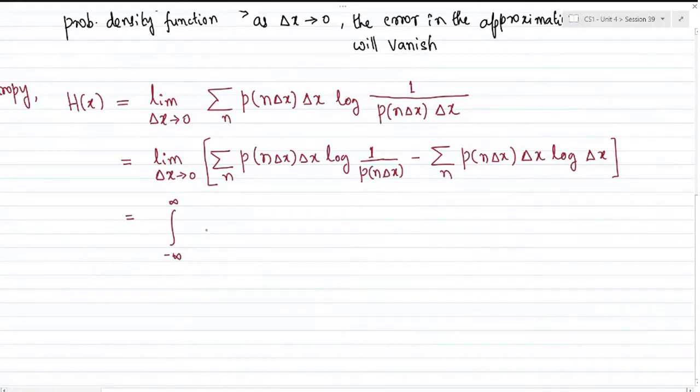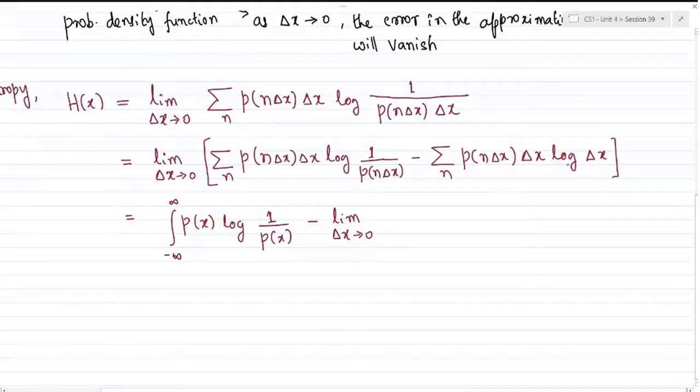So this probability of n times delta x, for a very small delta x, with probability density function p of x, where x is a random variable, times log of 1 over p of x, minus the second term as a limit, delta x and log delta x.